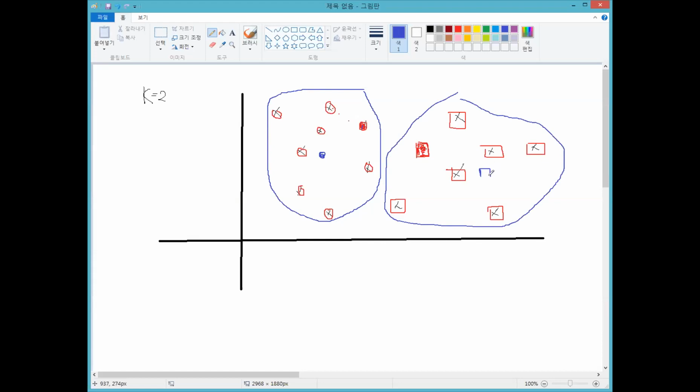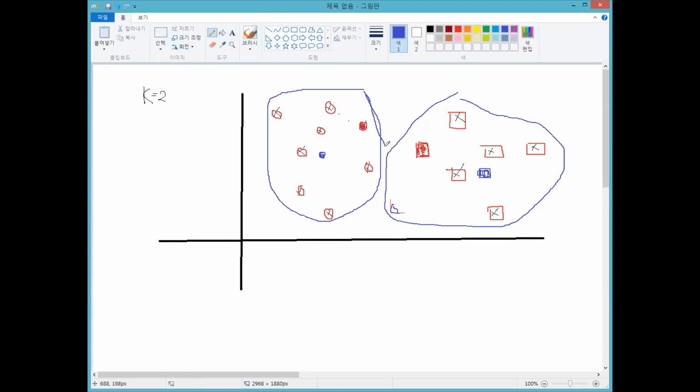We calculate the distances again. This point, measured against the new centers, is close to the circle, so we change it into a circle. The others are fine, so nothing else changes.